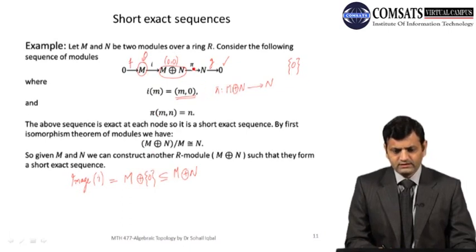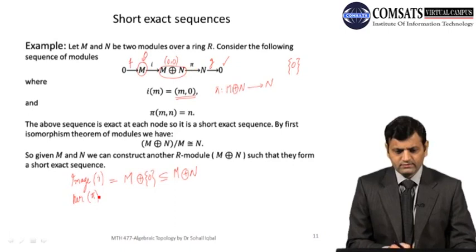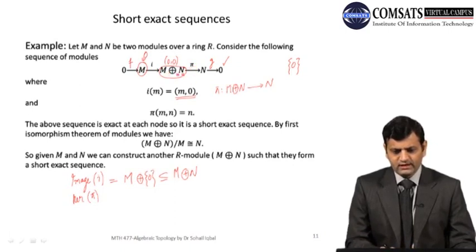This is the image of i, and what about the kernel of pi? They should be equal, so let's now calculate the kernel of pi. How is pi defined? It's taking elements (m, n) to n. So what are the elements which are going to 0 of N? Of course we want 0 at the second place.